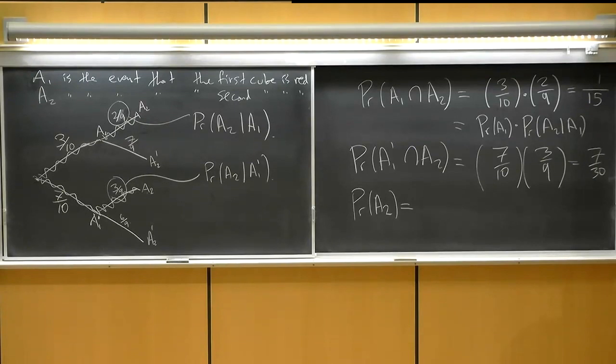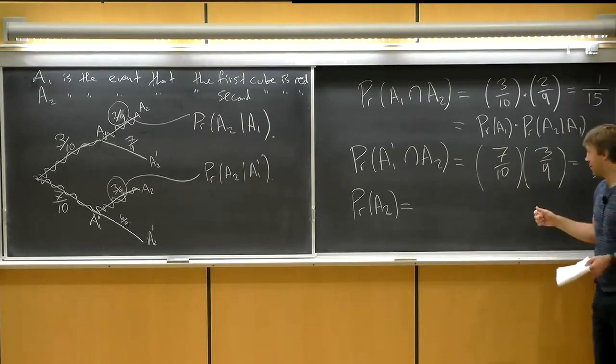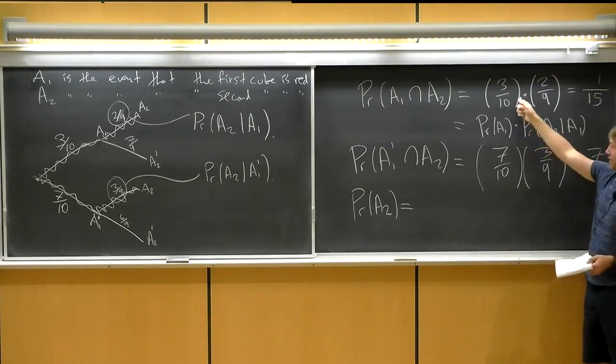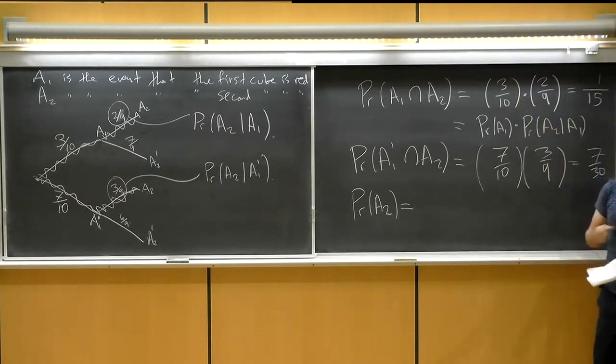I think it's going to be a bit different than that. Yeah? Well, it is going to be what you get by adding these two things up. That's totally correct.